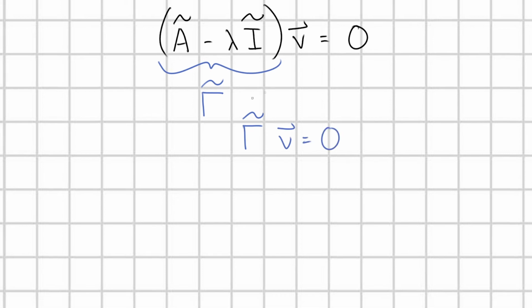Okay. So in other words, I can rewrite this above statement as gamma V is equal to 0. Now when we write the equation like this, what I can see immediately is that gamma cannot be invertible.